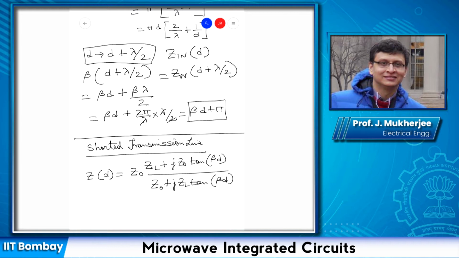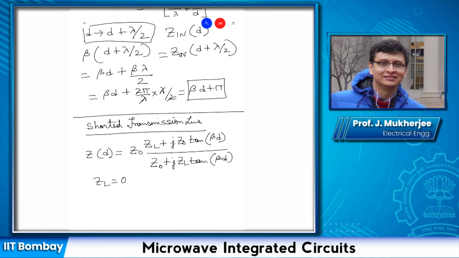For a shorted line ZL is equal to 0, so this implies Zin of d is equal to j Z0 tan of beta d.